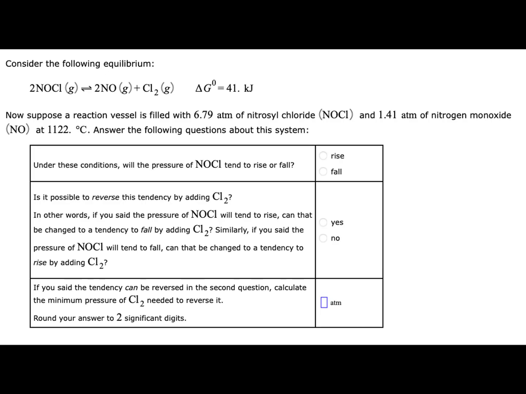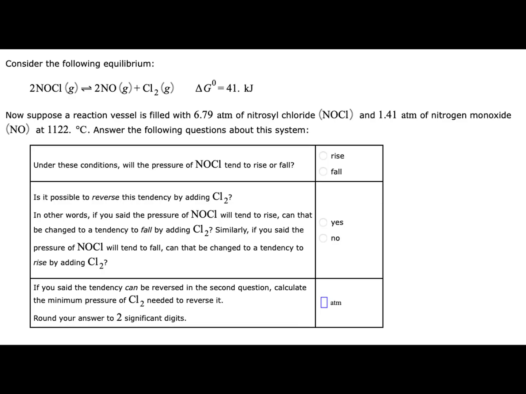The first thing to note here, they give us delta G0 for this reaction, but it doesn't tell us anything because we are not at standard conditions. We have pressures much greater than 1, and we do not have a temperature of 25 Celsius. So we can't use that delta G0 for anything right this moment. We're going to have to rely on our understanding of equilibrium for a moment.